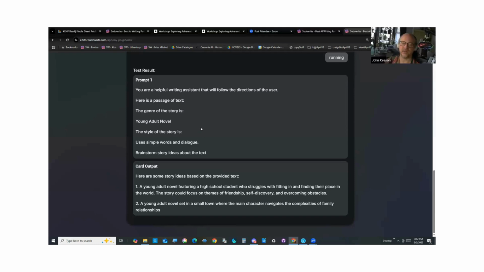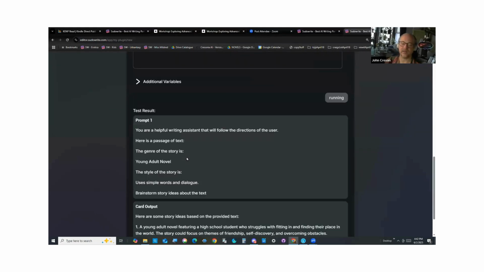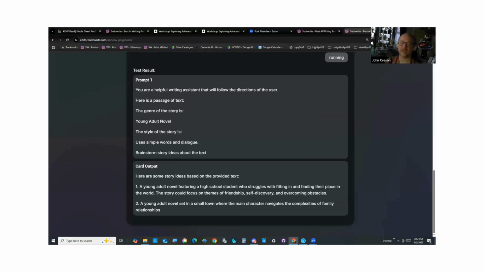Okay, so the prompt here, right? I think the thing to take into account is that you're building the plugin. You're choosing which parts of the story you'll be able to look at for your plugin. And the big thing to remember is that it ignores all the other stuff that you're not telling it to look at. So this tells it to look at the genre, and this tells it to look at the style.